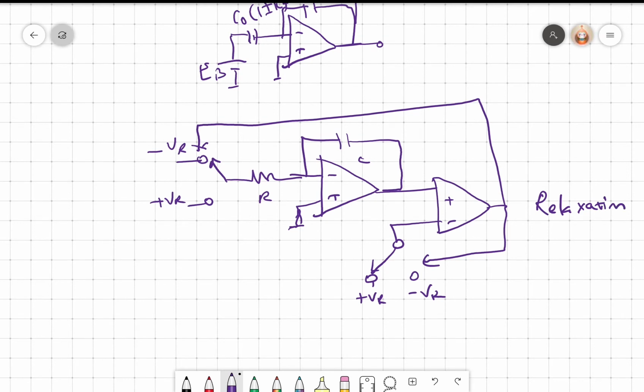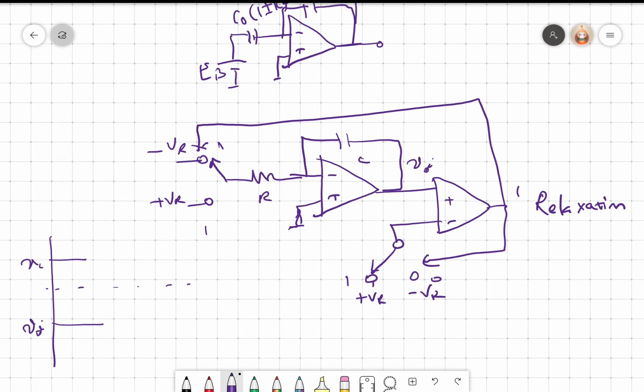Let's assume that the position is 1 and the output is 1. So I write it here. So output is 1, and this is VC, it is 1, and this I call the integrator output, V0I, output of the integrator.